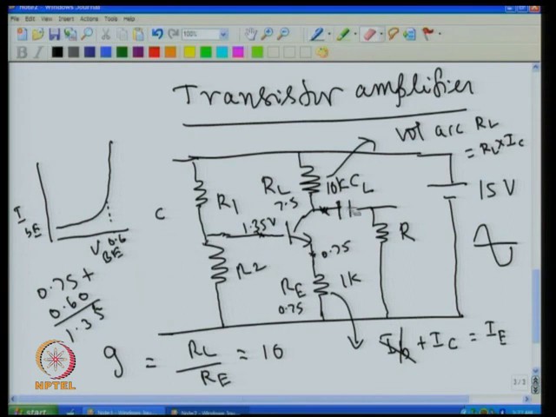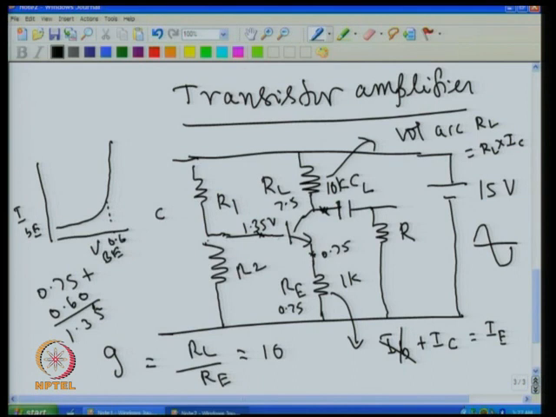I remove this. So this is 10K. I want to keep 7.5. Then I keep here 1.35. Now to keep 1.35, what values do I have to select for R1 and R2? Originally we assumed that the base current is negligible.